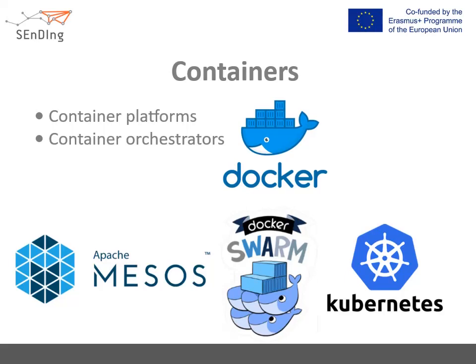The first to market was Docker, with the Swarm platform for container management. There are also Apache Foundation's Mesos and Marathon, which are a bit more complex than Swarm. The gold standard for container orchestration is Google's Kubernetes, which is open source, but it is also provided by major cloud providers as a service.